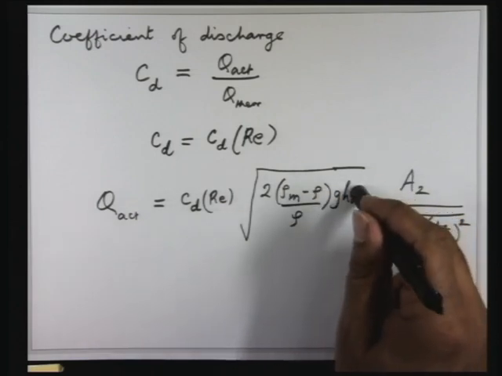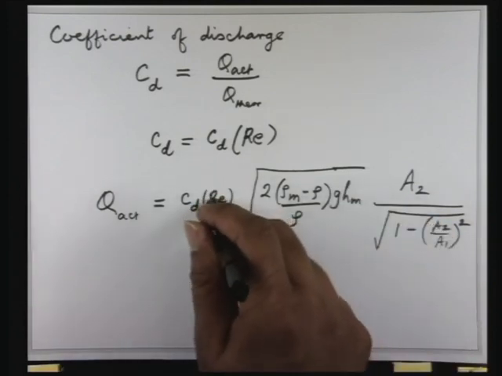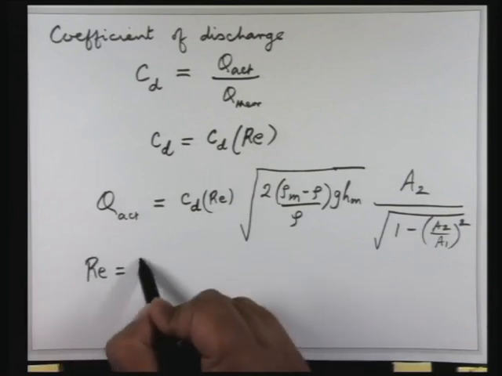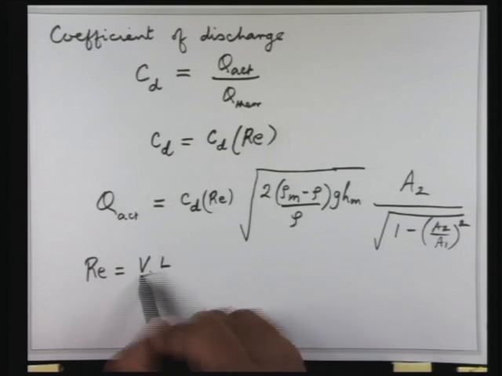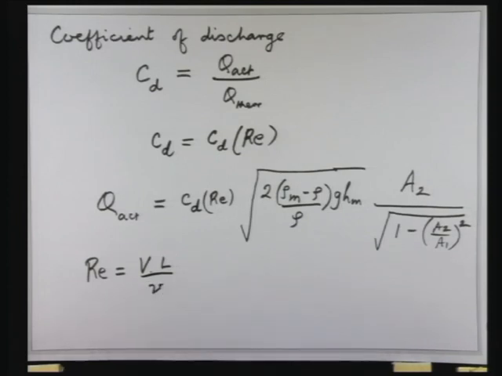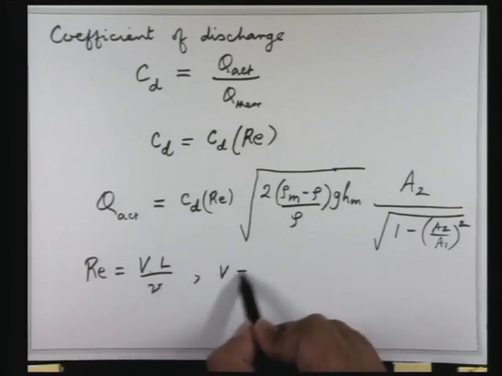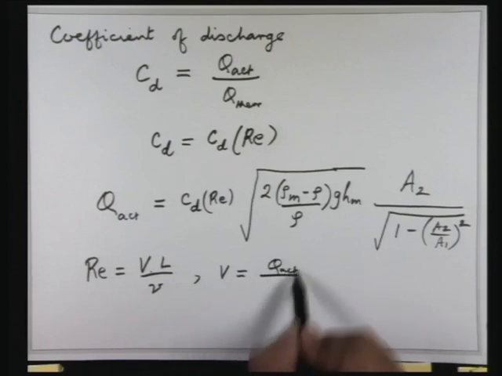Now the problem is that C_D is unknown. So this Re you can define as the average velocity into some length scale, could be the diameter, by kinematic viscosity. Now this V, average velocity, will be Q actual by some area.